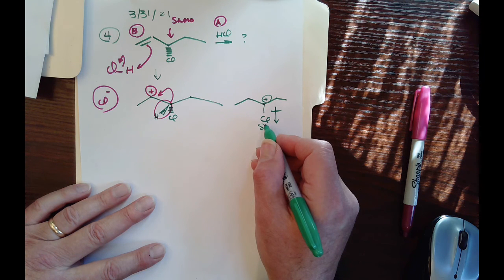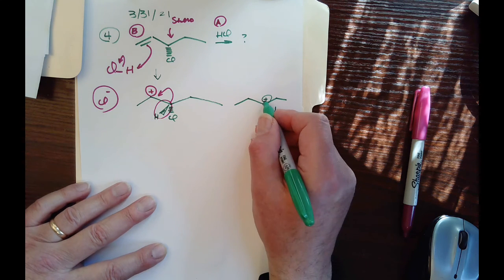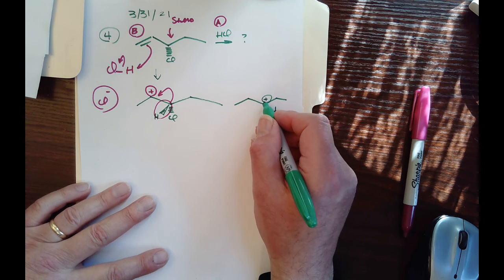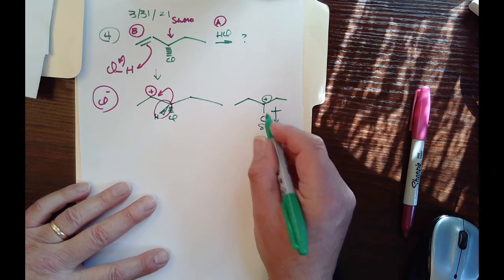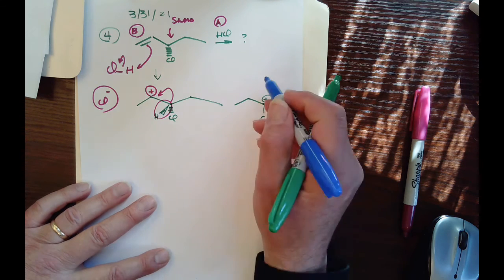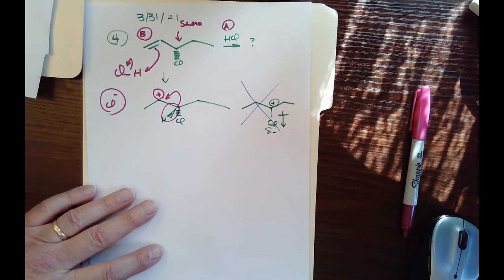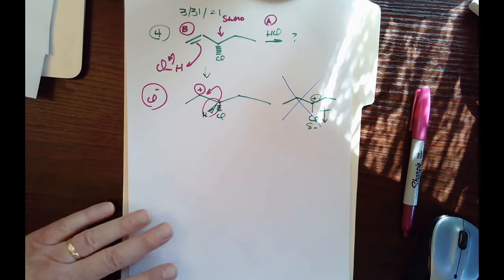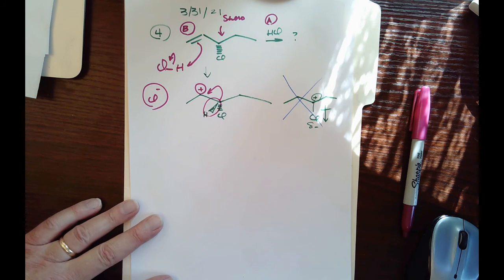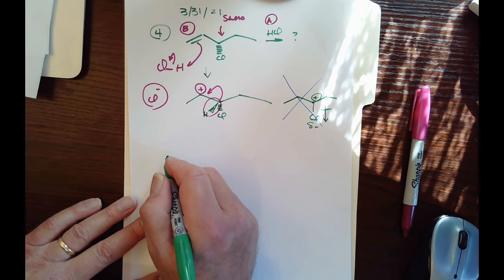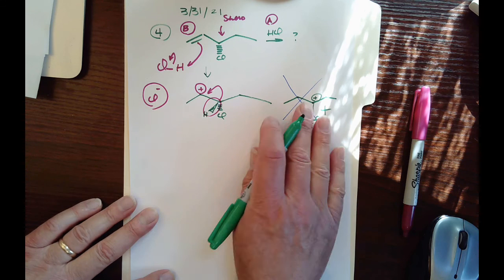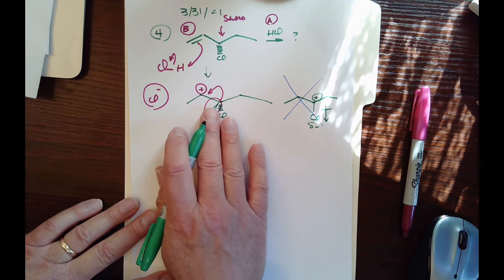If this was an electron donating group, it would have been okay. But it's an electron withdrawing group, so it's not good. So we're going to tell ourselves that this carbocation really doesn't form. So we are basically stuck with the secondary carbocation. So we couldn't make that. So we're back to this.